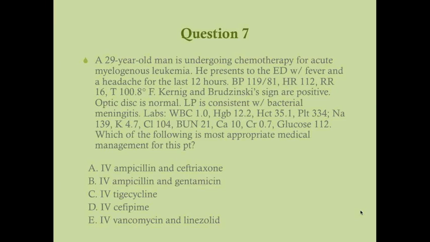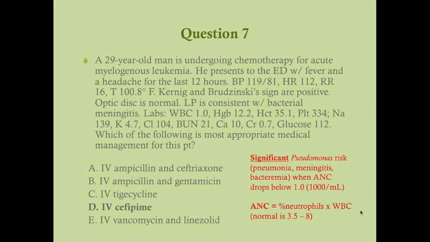So the 29-year-old man, he's undergoing therapy for acute myelogenous leukemia. And the answer is D, IV cefepime. So the most important thing to take out of this question is, what is his white blood cell count? First off, you know he's undergoing chemotherapy, so you know he's going to be in an immunodeficient status.